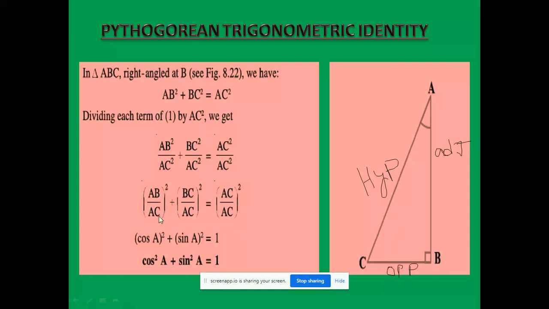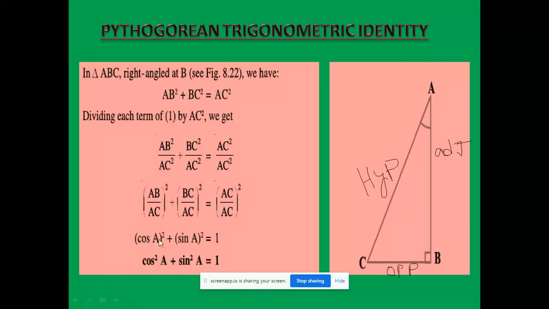Now, AB by AC, AB means what side? Adjacent side by hypotenuse. That means we can write it as cos A whole square. BC by AC, this is what? Opposite side by hypotenuse, so we can write it as sin A whole square. AC by AC, here AC and AC get cancelled, we'll get 1 square, that is 1.